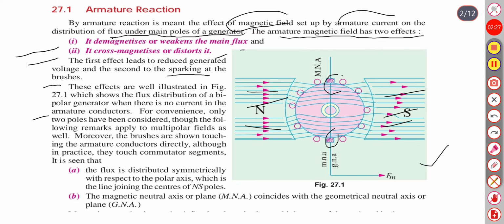It is seen that the flux is distributed symmetrically with respect to the polar axis, which is the line joining the centers of the N and S poles. So we can say that this will be the polar axis, which passes through the center of the poles.